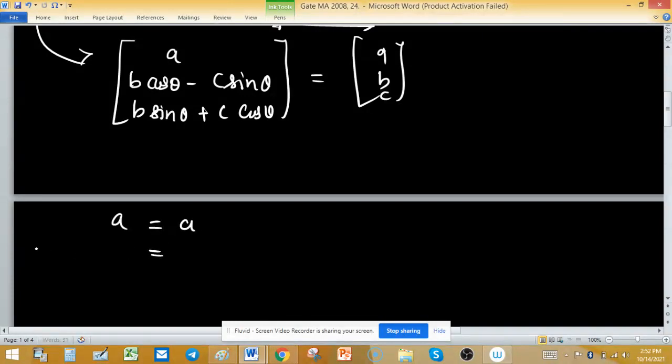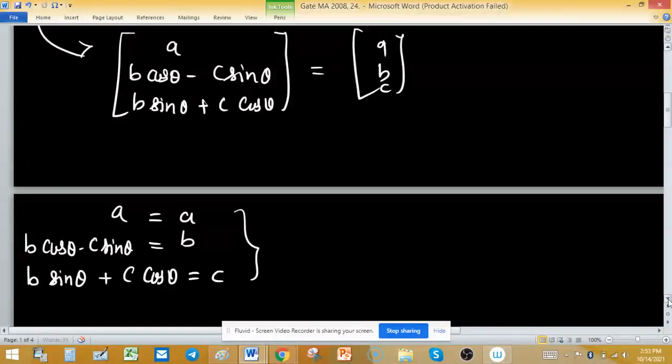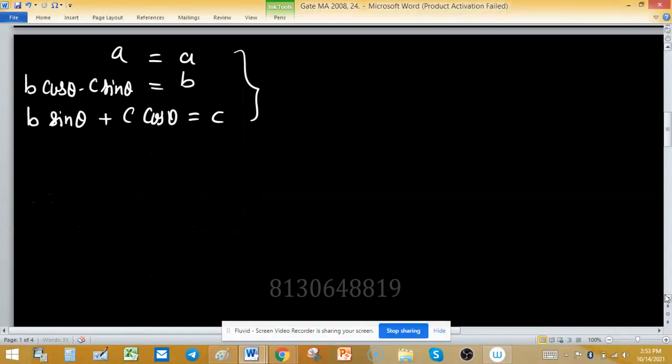So A equals A, and B cos theta minus C sin theta is equal to B, and the last equation we will have B sin theta plus C cos theta equal to C. Now solve these three equations and try to find the values of A, B, C, or try to judge which constituents of A, B, C are free.